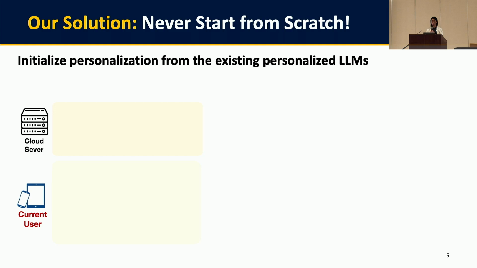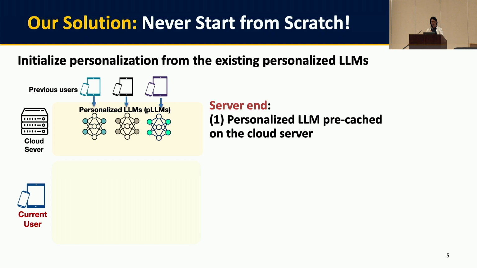So in our paper, we propose a fundamentally different method. Instead of starting from scratch, which means starting the fine-tuning from a general pre-trained base model, we choose to start from an existing personalized model. We begin with the assumption that after each user finishes the personalization, the resulting personalized model, which are PLMs in this figure, are cached on the cloud server.